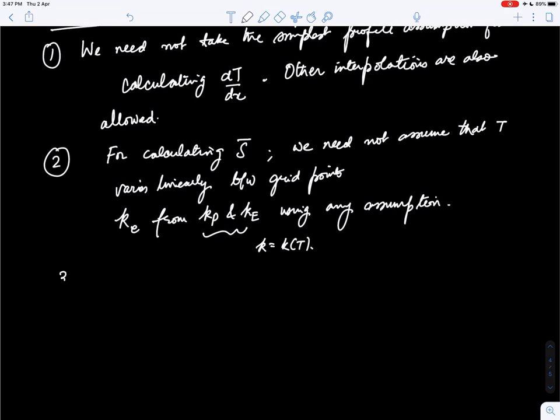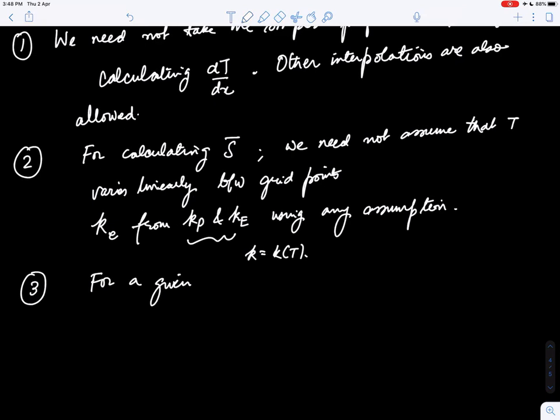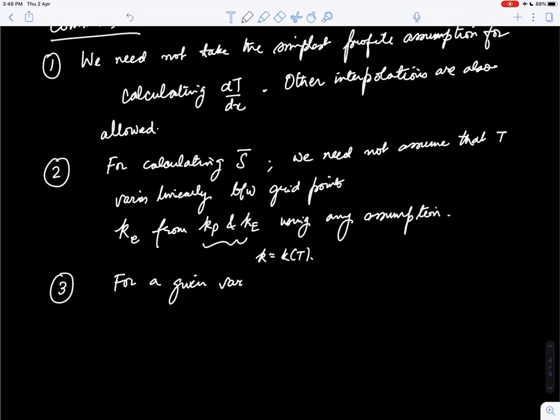The third comment that you should keep a close eye on is that, as I said, for a given variable, in this case the variable that we were dealing with is temperature, we need not take the same profile assumption.